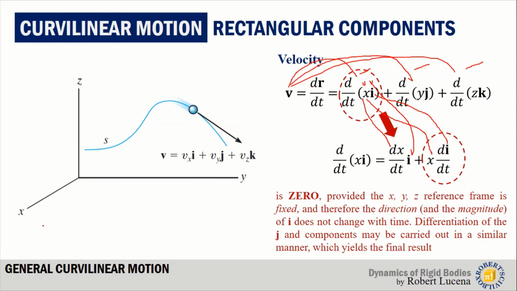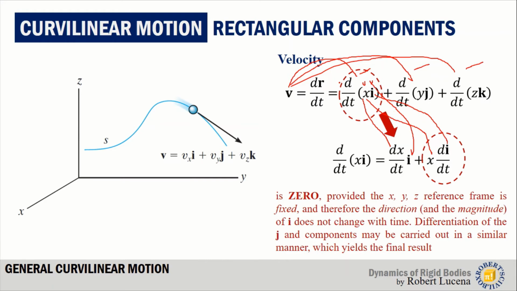Because this is a global axis, your di does not change in time. So the direction of i remains the same, therefore di over dt is 0. So differentiation of the j and k components may be carried out similarly. If you treat this one, di over dt, this term would be 0.